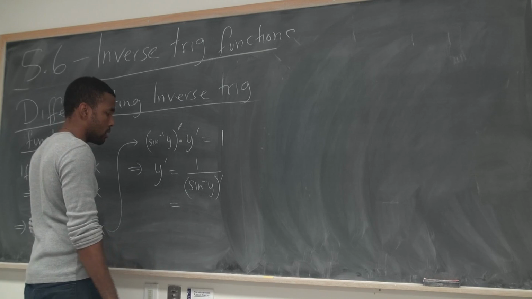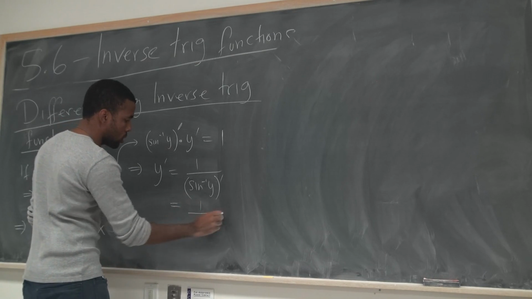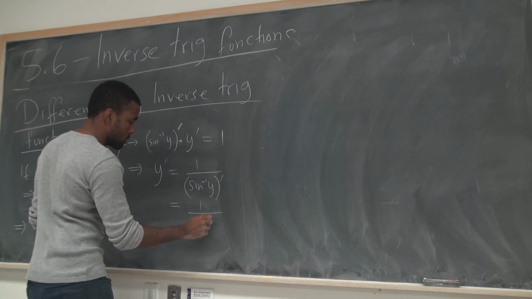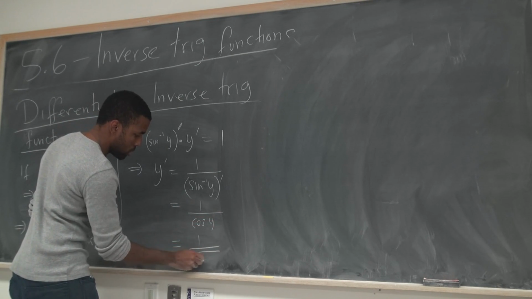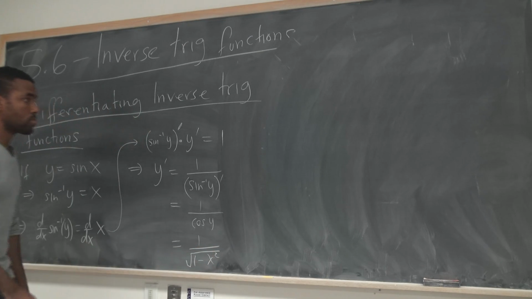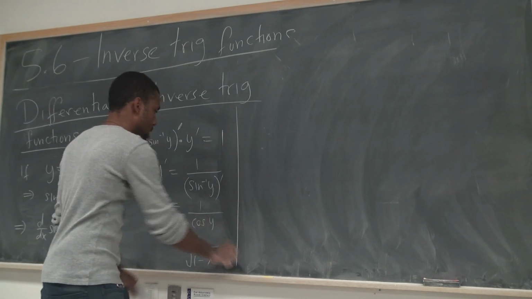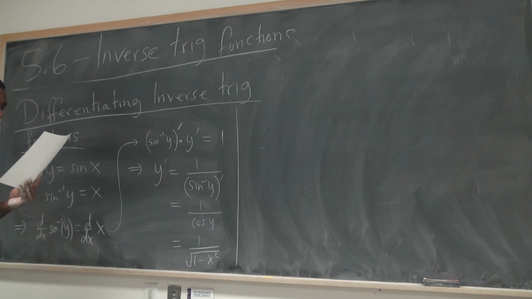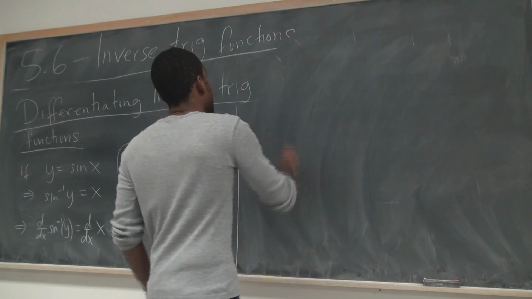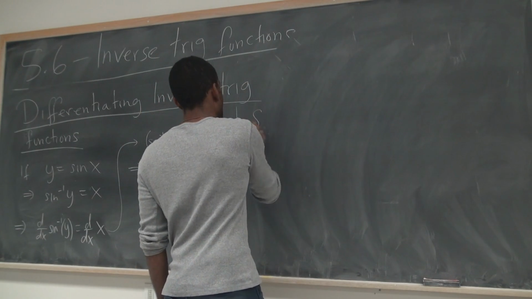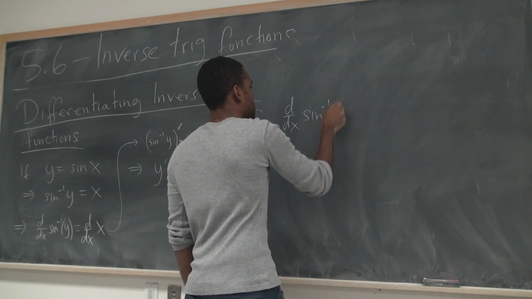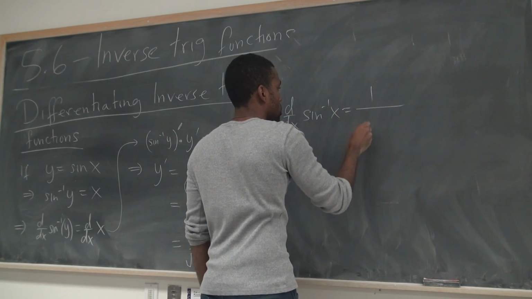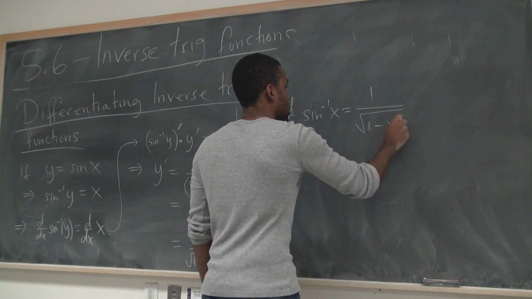And we actually figured this out last time. This was just 1 over cosine y, which ended up being, when you drew the triangle, 1 over the radical of 1 minus x squared. I derived this a slightly different way last time, but it doesn't matter. Okay, so I know that the derivative of sine inverse is 1 over the radical of 1 minus x squared.